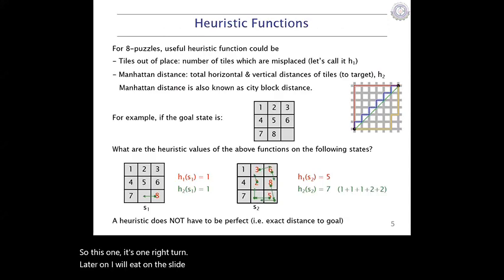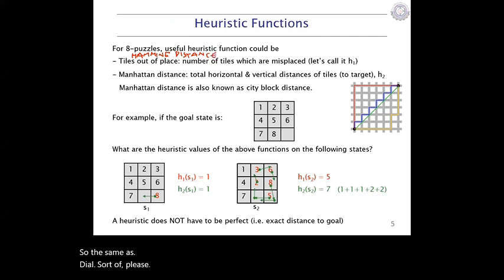Some references mention Hamming distance, which is actually the same as tiles out of place.